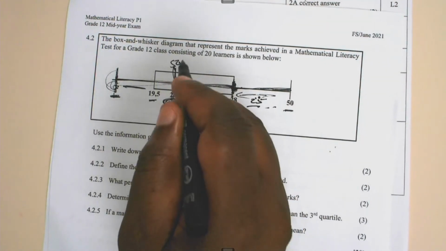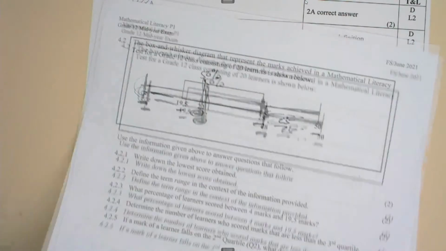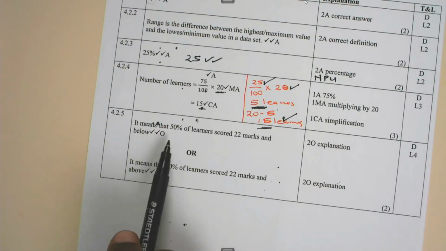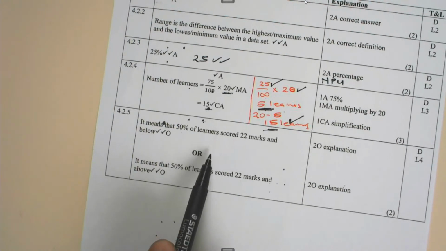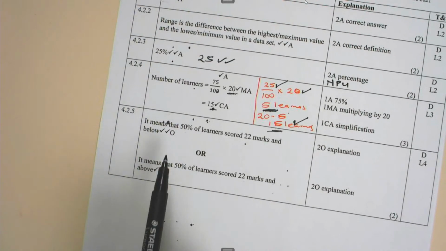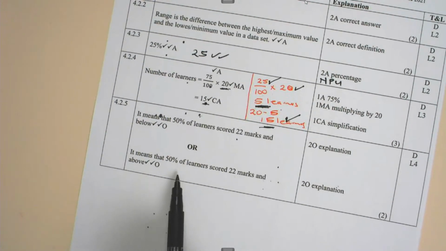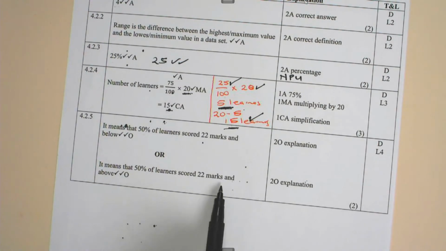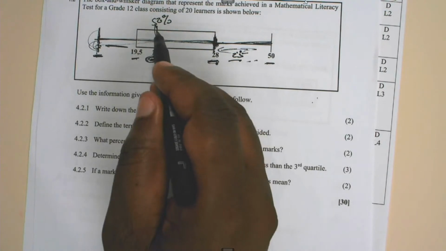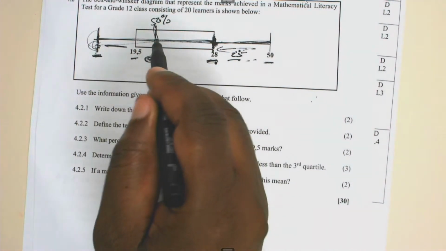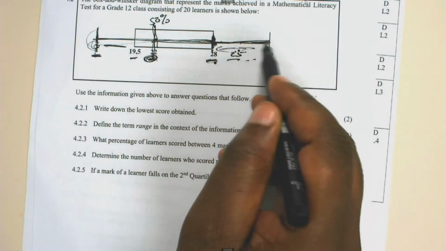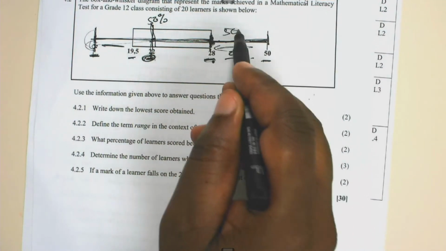That is our 50%, Q2. So it means that 50% of learners scored 22 marks and below. Or it means that 50% of learners scored 22 marks and above, those learners from Q2 to the maximum value, which is still 50%.